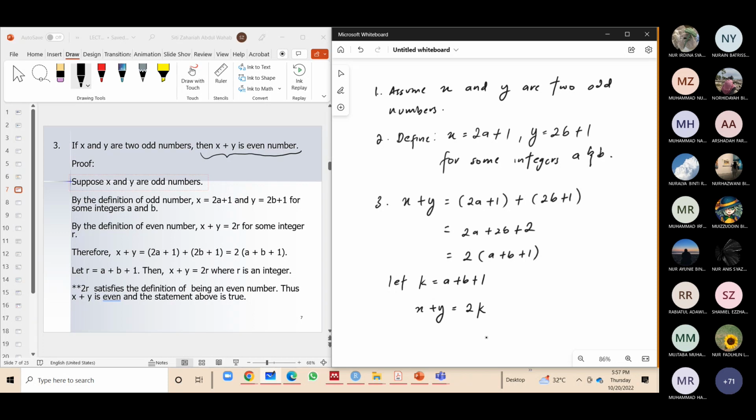Okay, 2k is an even number. So it satisfies the statement x plus y is an even number. So for some integer k, you can see here 2k satisfies being an even number.